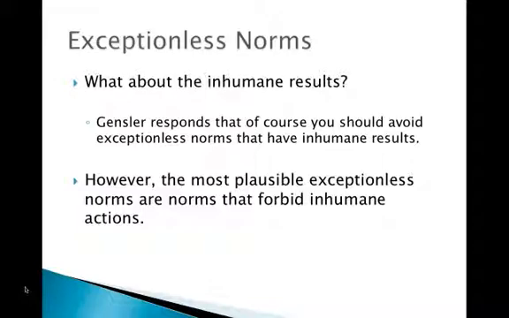It shouldn't be an exceptionalist norm. So our exceptionalist norms won't be the ones that have inhumane results. Problem solved. There's nothing about exceptionalist norms in and of themselves that requires that they have inhumane results. I think that's actually a good answer. In fact, Gensler takes it further. He says, the most plausible exceptionalist norms are the norms that forbid inhumane actions. Okay.